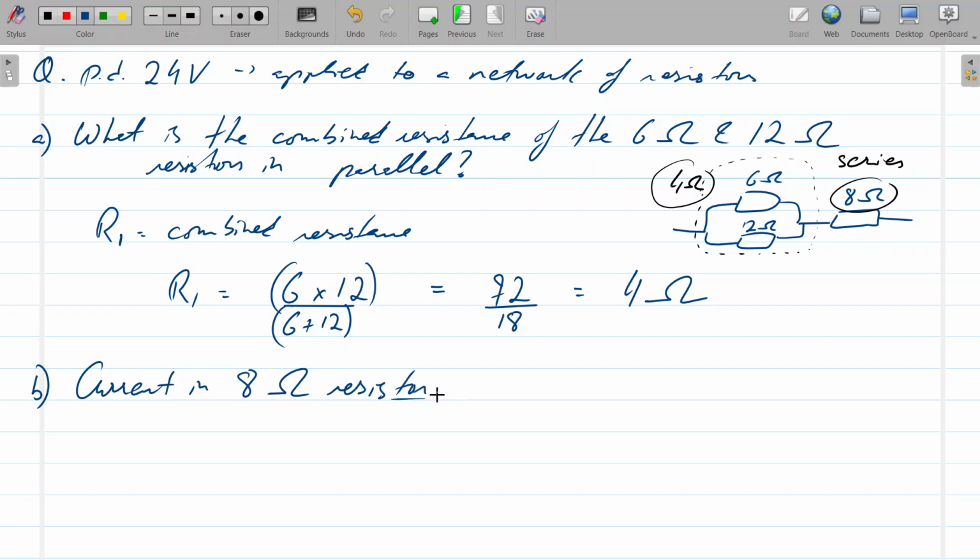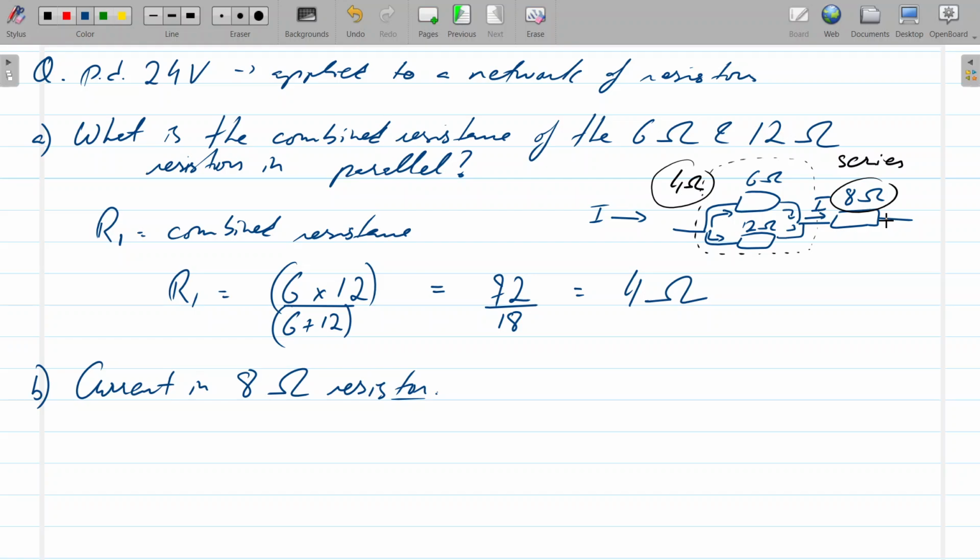Now over here we need to have a concept check. The current being supplied is going to split here because these two are in parallel, but it's going to come back, so the current over here is the same. Basically that's the current flowing through the circuit.